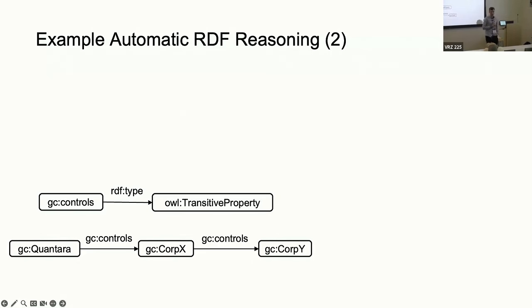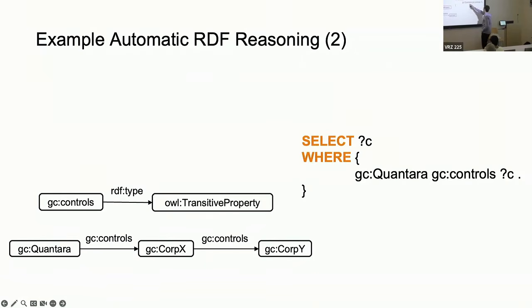You just say the nature of this controls vocabulary is that it's a transitive property. What that tells the system is that if you see chains of controls relationships, you can also infer that Quantara also controls corp Y. You don't have to write additional rules for that.